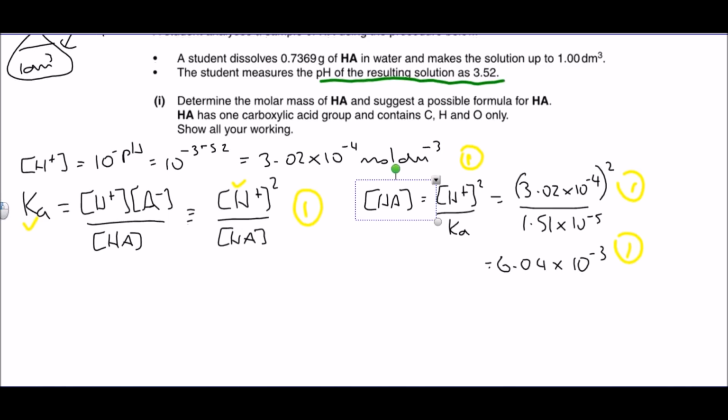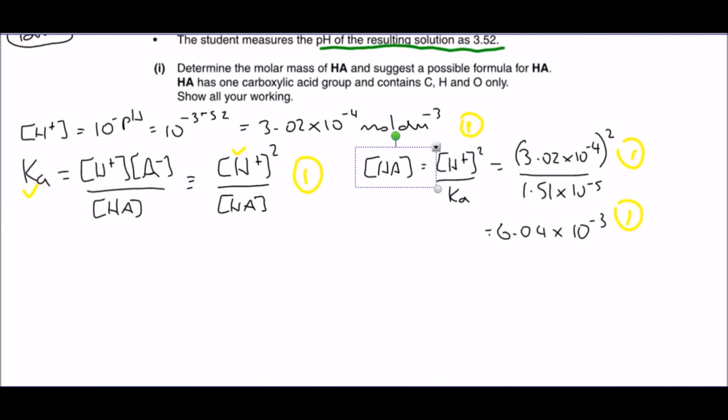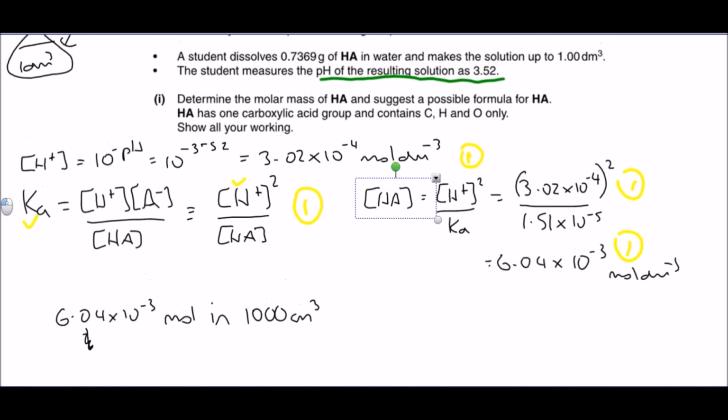Then, if we've got a concentration, this bit takes a little bit of thinking. If we've got 6.04 times 10 to the minus 3 moles per decimeter cubed, that means we've got 6.04 times 10 to the minus 3 moles in 1000 centimeters cubed, and then I want to turn that into an Mr. Although I've got moles per decimeter cubed, meaning that many moles in 1000 centimeters cubed, look at the question.